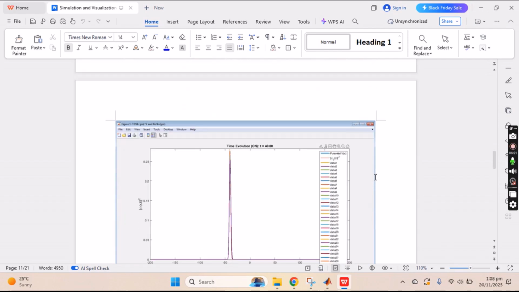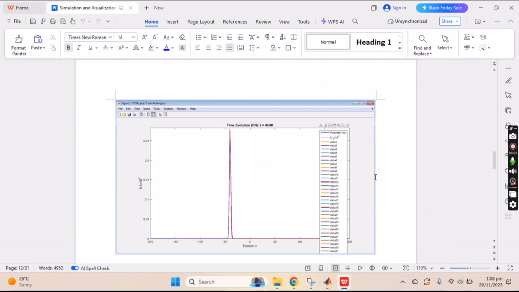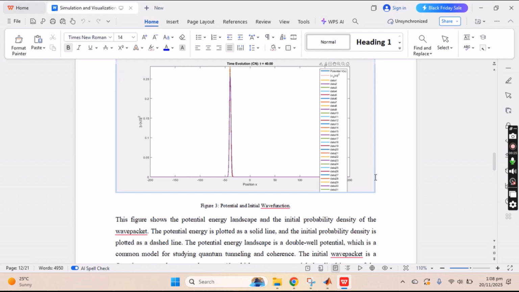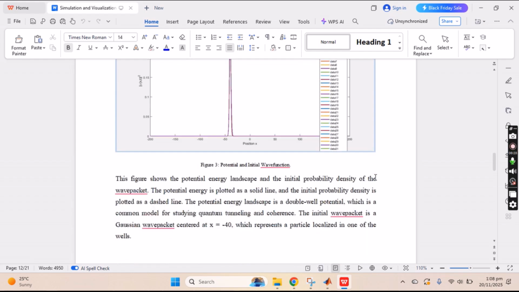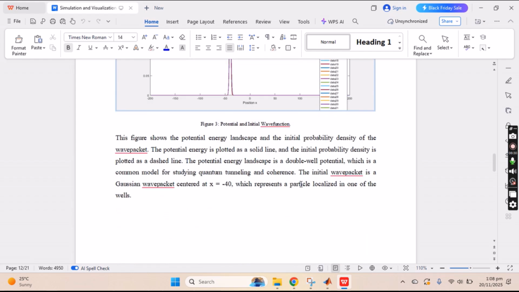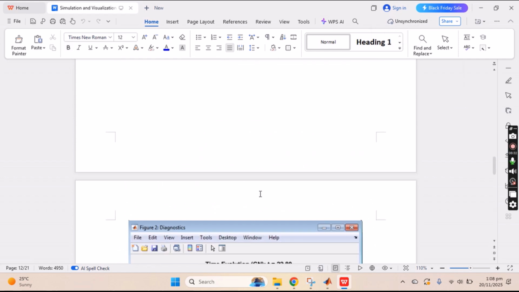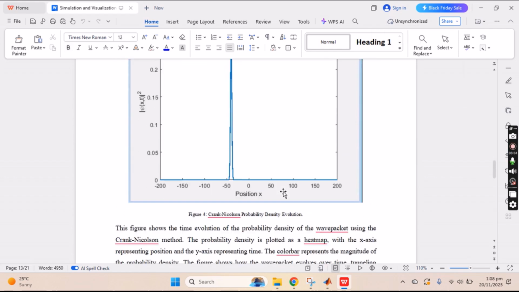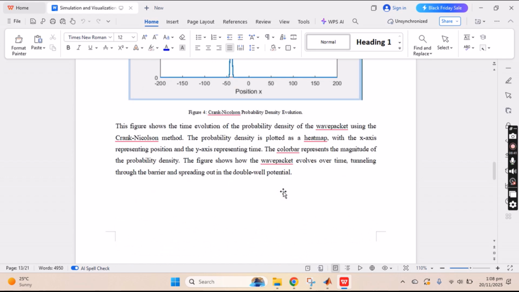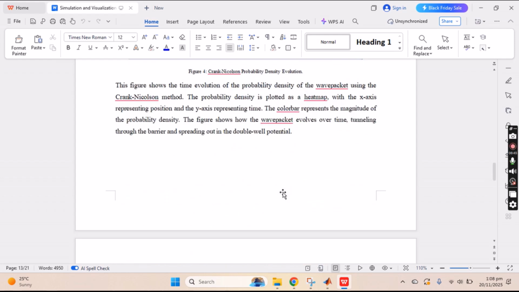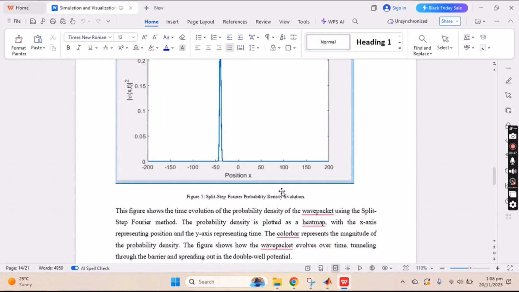These are the output results according to the time evolution of the wave function. Potential and initial wave functions, and the next part is the Crank-Nicolson probability density evolution, and the color bar represents its magnitude. The next part is the split-step Fourier probability density evolution.